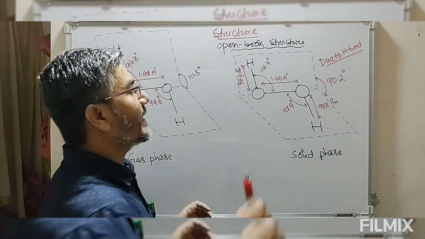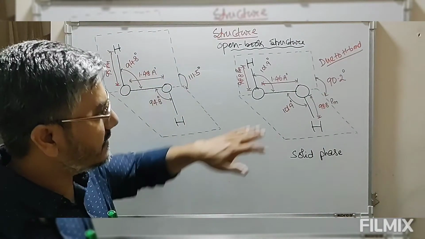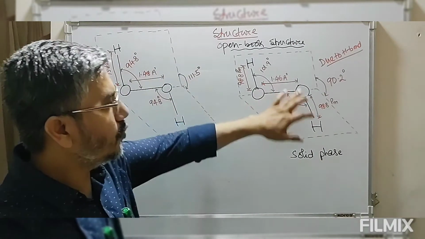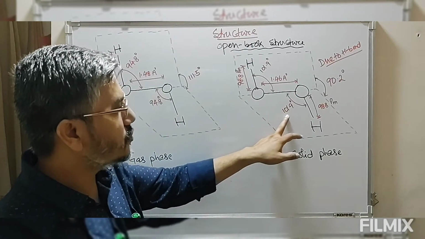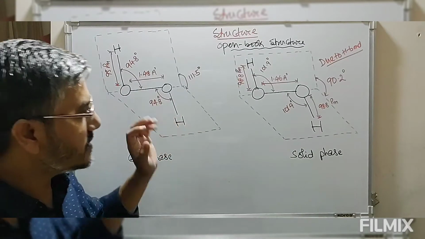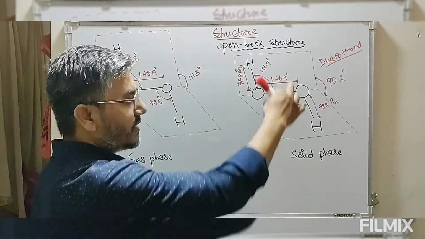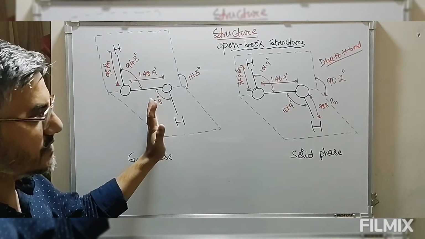Now when the dihedral angle is decreased to 90.2 degrees, then this OOH bond angle increases to 101.9 degrees from 94.8. So this OOH bond angle is more in case of solid phase, less in case of gaseous phase.